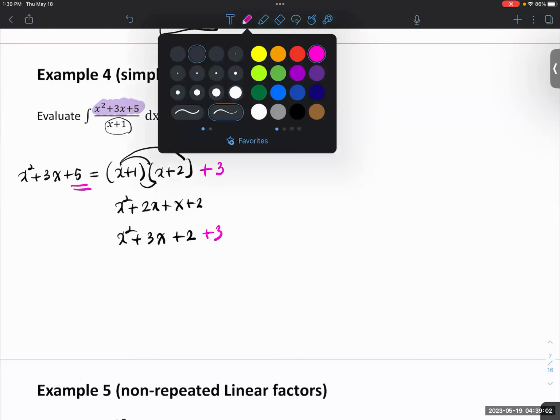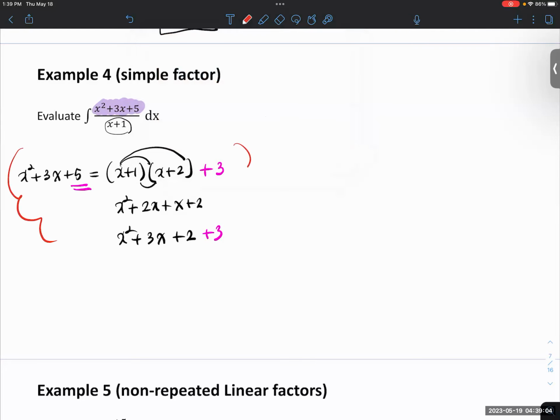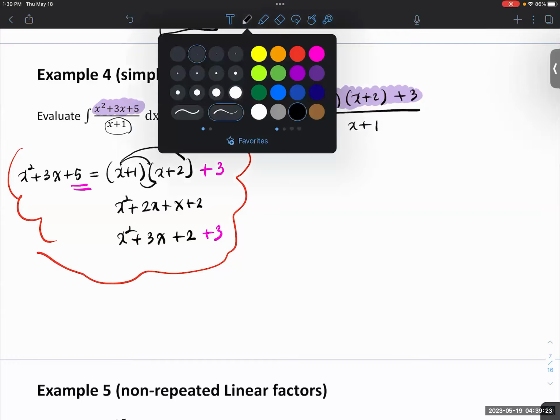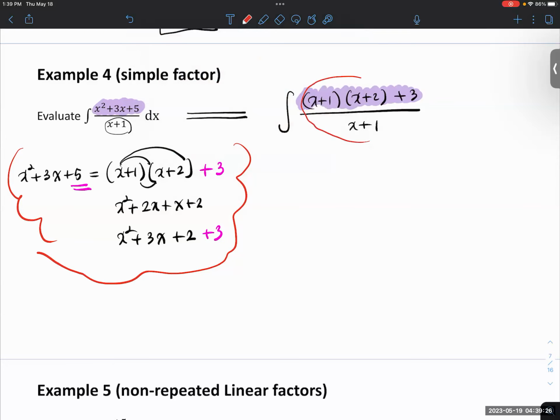So what I'm saying is, by doing this work, this is equal to the integral of (x plus 1)(x plus 2) plus 3 over the same x plus 1. So these are the same. We just found that. The reason I'm doing this is because I want to have the same denominator fraction, partial fractions.